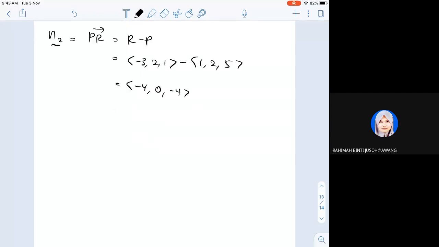Okay, so now the normal vector that we need to find is, we need to do the cross product of n1 and n2. Okay, so the cross product like this, I, J, and K. Don't forget, guys, this is very important. Plus, minus, plus. Okay, alternately, berselang-seli. Plus, minus, plus. Dia mesti macam tu.